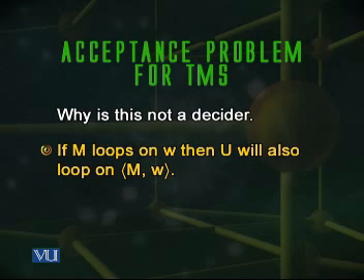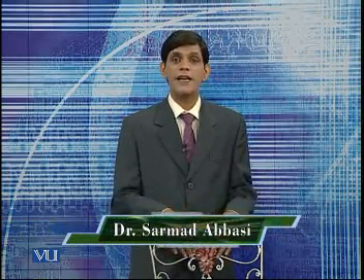Suppose that M is a Turing machine that loops forever on given input W. Then if I give M, W to the universal Turing machine, the universal Turing machine will also loop forever. Therefore, U is not a decider, but it is a recognizer for this language ATM, and hence this language is Turing recognizable.